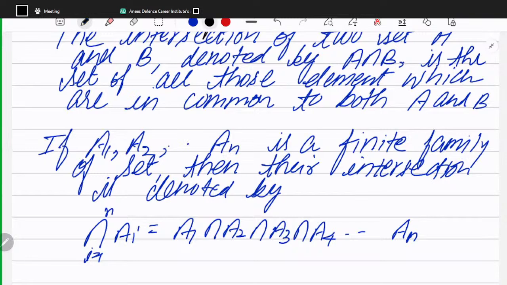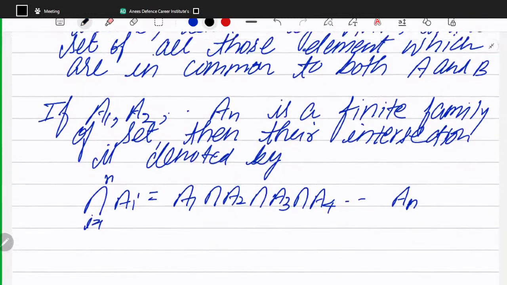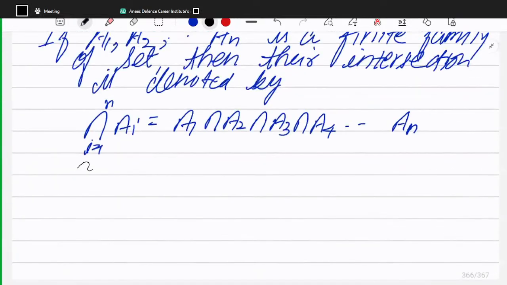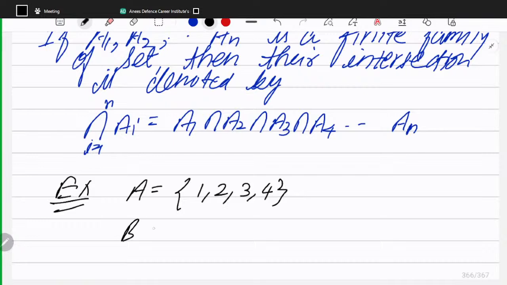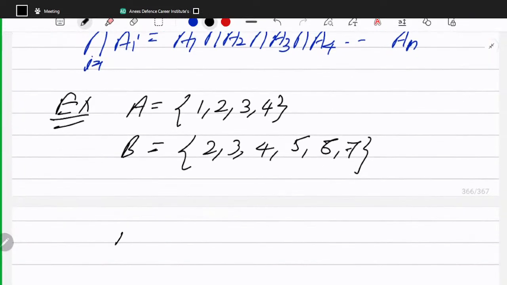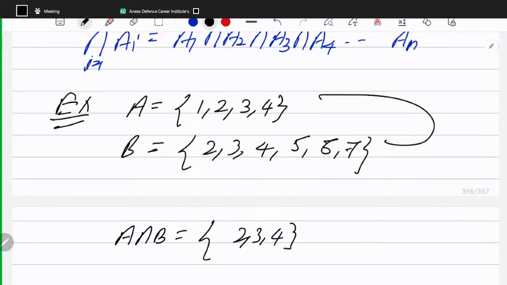I'm taking an example of intersection operation. What is A intersection B? That is 2, 3, 4. Those elements which are common in both the sets. A intersection B is 2, 3, and 4.